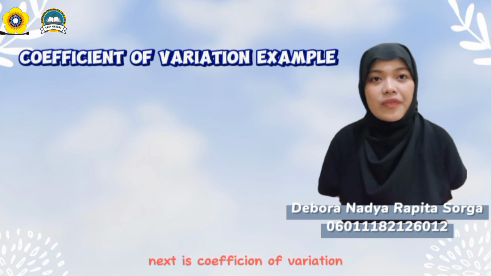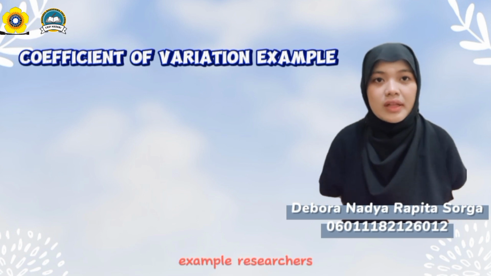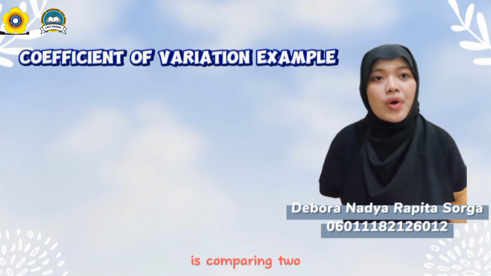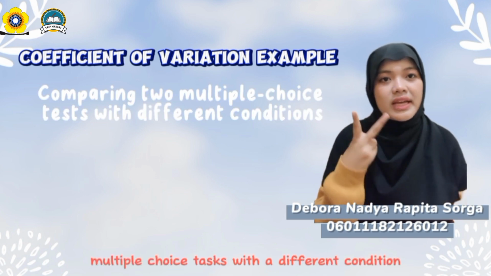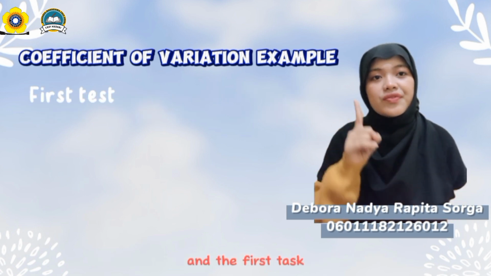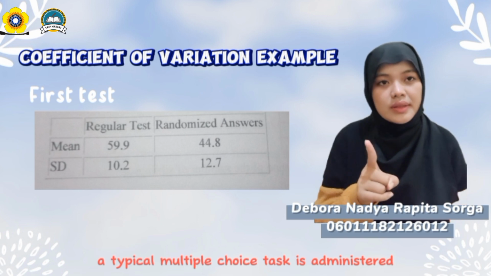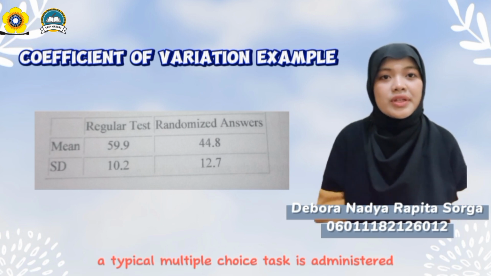Next is a coefficient of variation example. A researcher is comparing two multiple choice tests with different conditions. In the first test, a typical multiple choice test is administered.